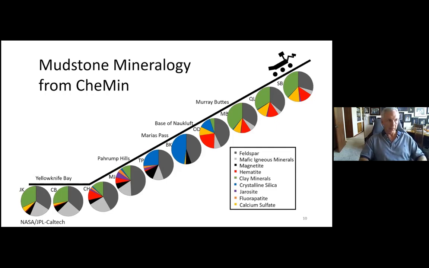Could even help us understand some of the silica stuff. So a lot of exciting things going on. After we finish this, we'll be heading off to the next major unit that helped us select this site, which is the sulfate unit, stratigraphically higher up from where we are now.